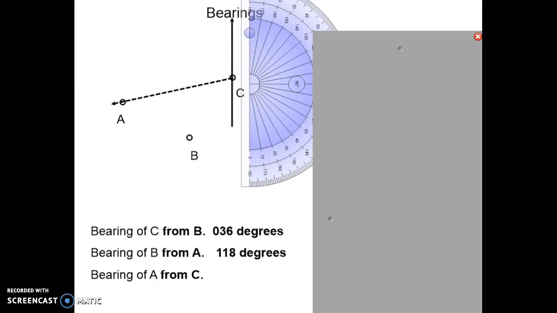So if we were to measure this angle here and add that onto this 180 degrees here, these 2 angles together would give us our bearing.